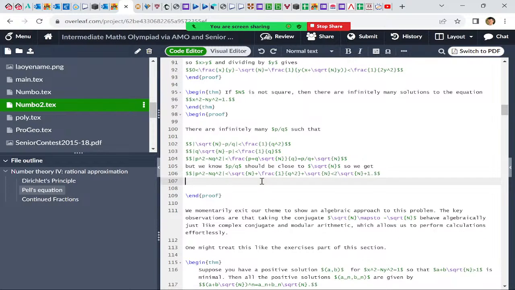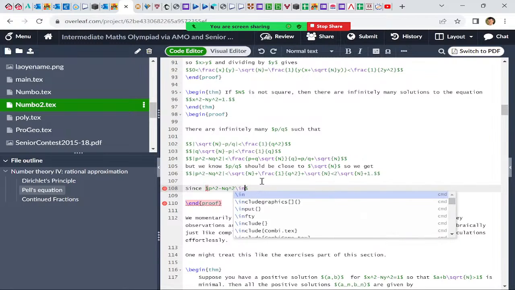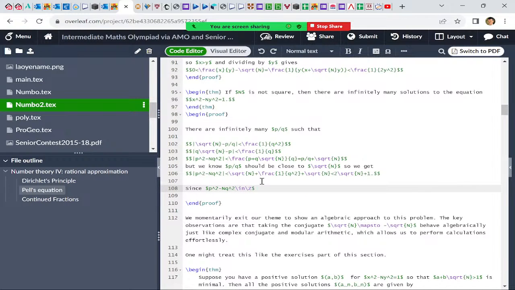So since p squared minus n q squared is an integer and its values are bounded, there are only finitely many possible values.